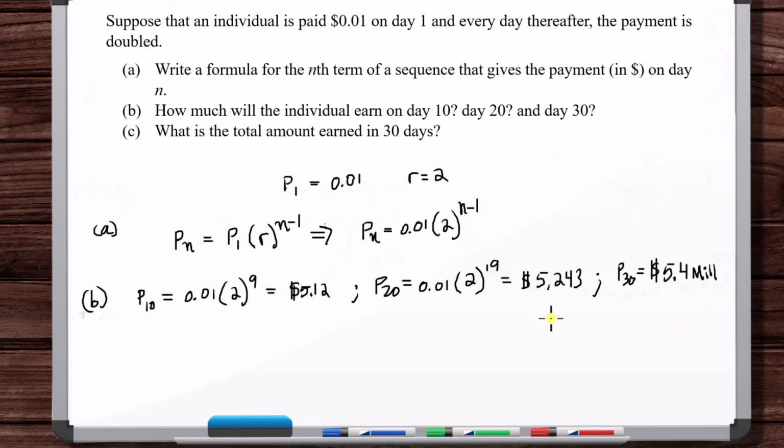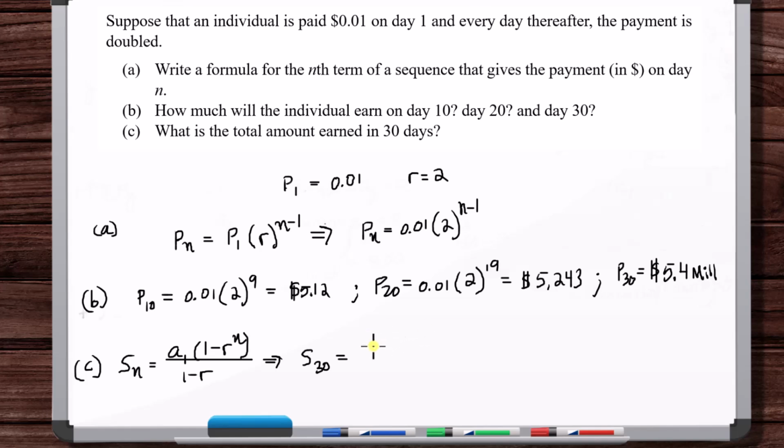What is the total amount earned in 30 days? So this is a geometric sequence, but we're doing the S of n. This is the formula for the finite sum of a geometric sequence. So a1 times 1 minus r to the n, over 1 minus r. Okay, so we have all of this information. We're doing S of 30.